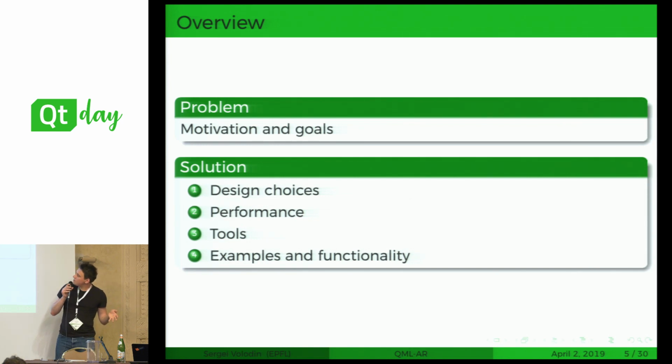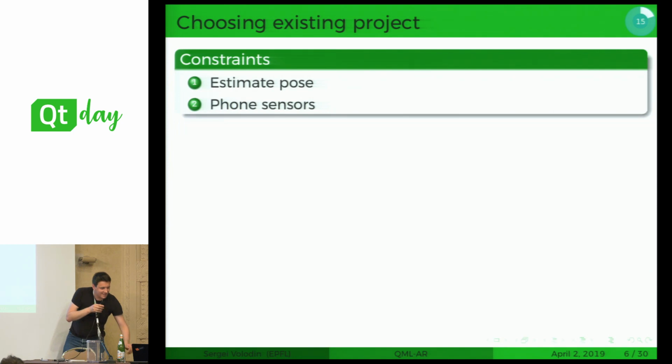For this audience, tools would be most important because I will describe how we use Qt and why it is important. And finally, I will demonstrate to you how it works. I don't have a live demo today because my phone doesn't have the latest version of Android, sorry. But I have some videos. So it should be interesting.